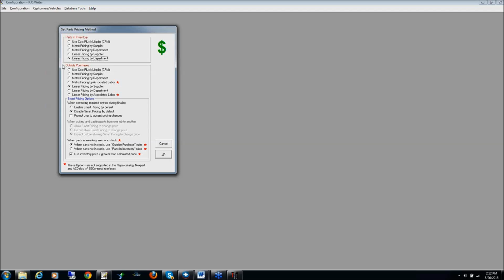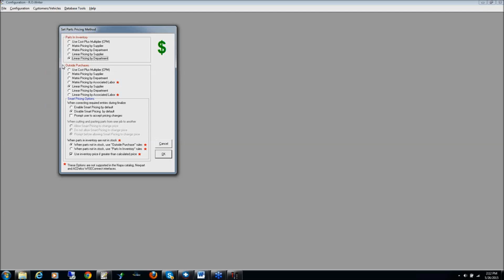I'm making $30 in profit on the one that's on my shelf versus $40 on the one that's on the outside. Now the reality is, well, if I could sell it for $60 when I buy it on the outside, why wouldn't I sell it for $60 when I put it on my shelf? And therefore take advantage and realize the benefit of having that part on my shelf monetarily as well as just from a cost perspective.